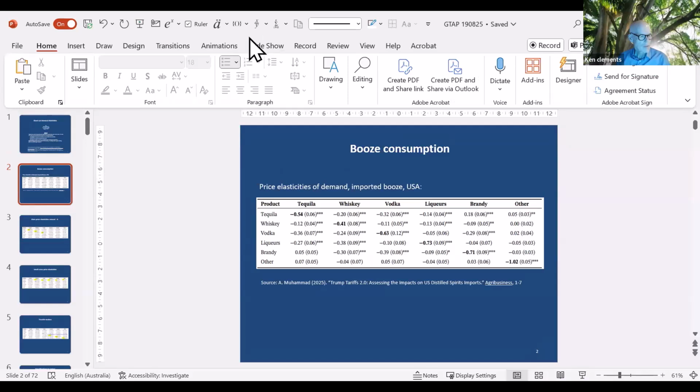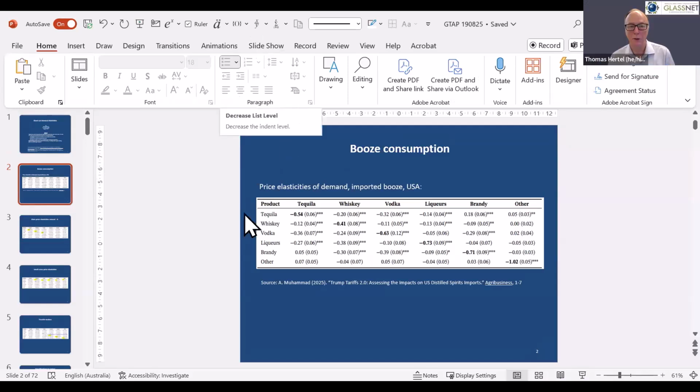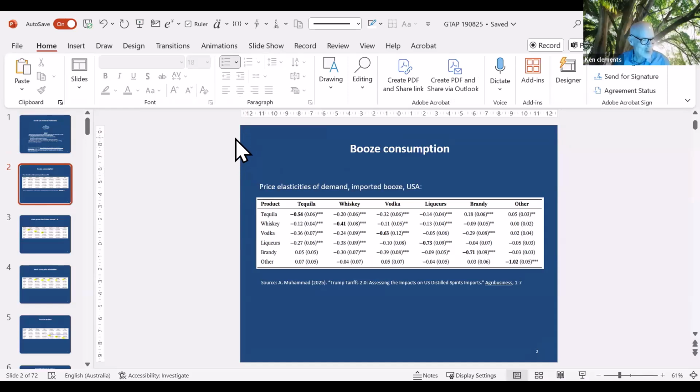I don't think that's working quite as I wanted it. Need the full screen. We're not seeing full screen quite yet.